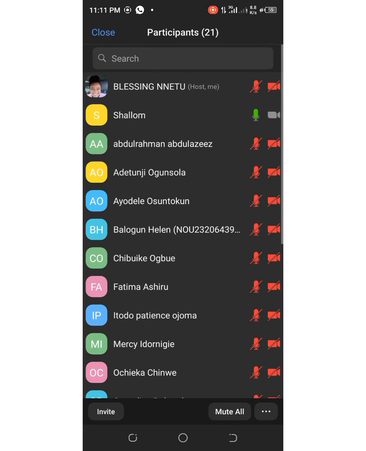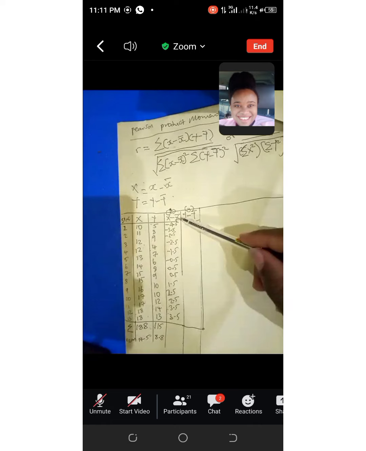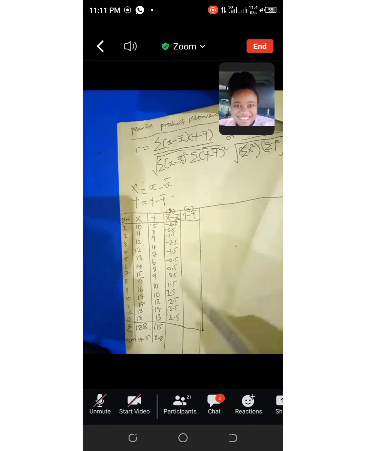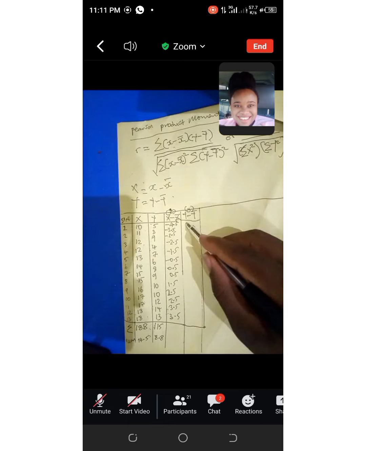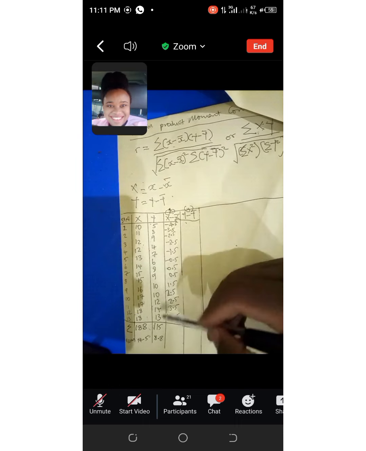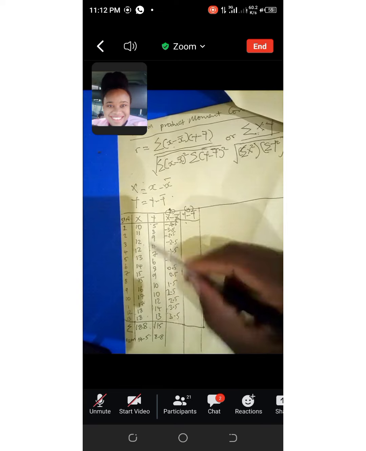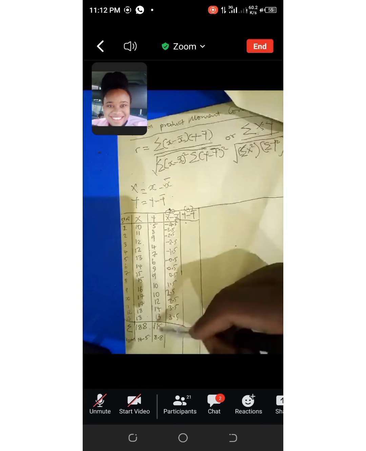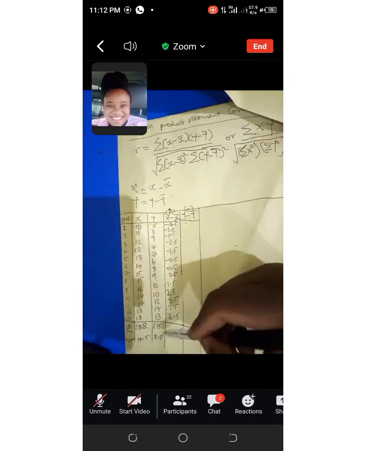So this is x minus x bar. Then we'll go to the next one for y. We'll do the same thing for y. These separate values of y, we'll subtract from the mean of y. So we'll do 5 minus 8.8, 8 minus 8.8, 9 minus 8.8.